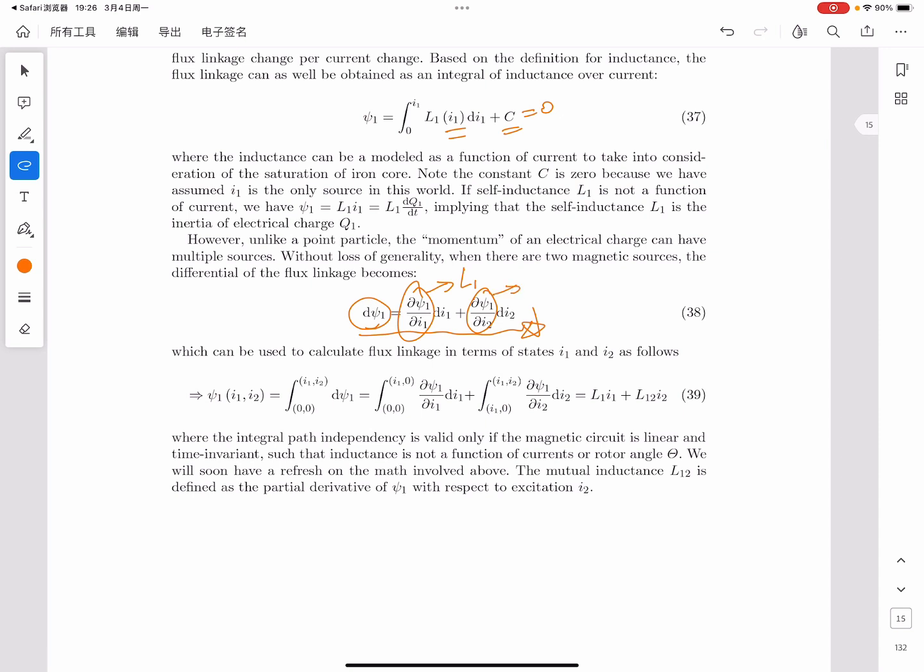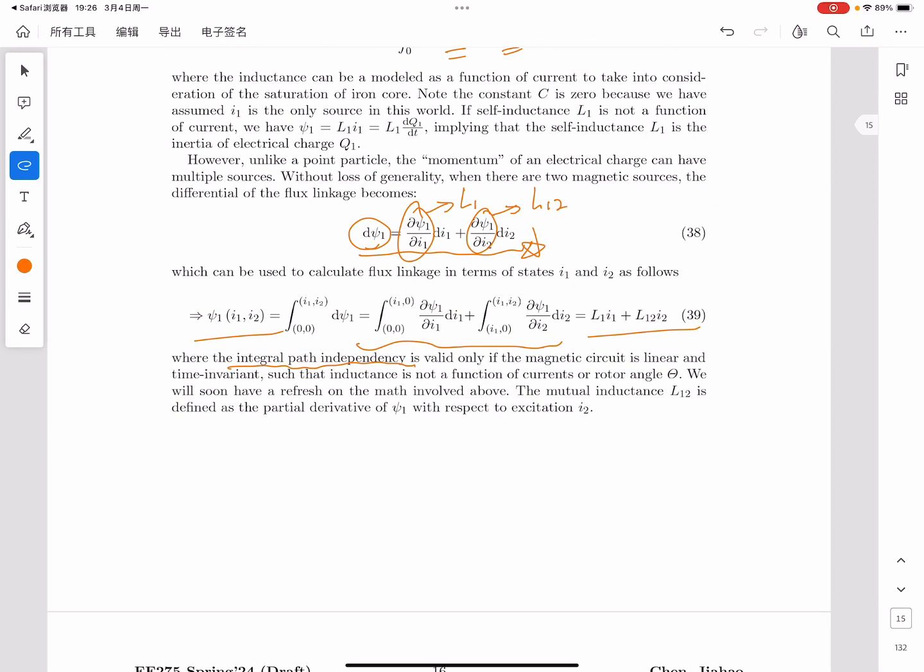This one is known as the mutual inductance in our electrical circuit course. It's actually a two-state integral, and this integral can be worked out independent of the choice of path. So it has integral path independency because there's no time in this equation, to put it simply.